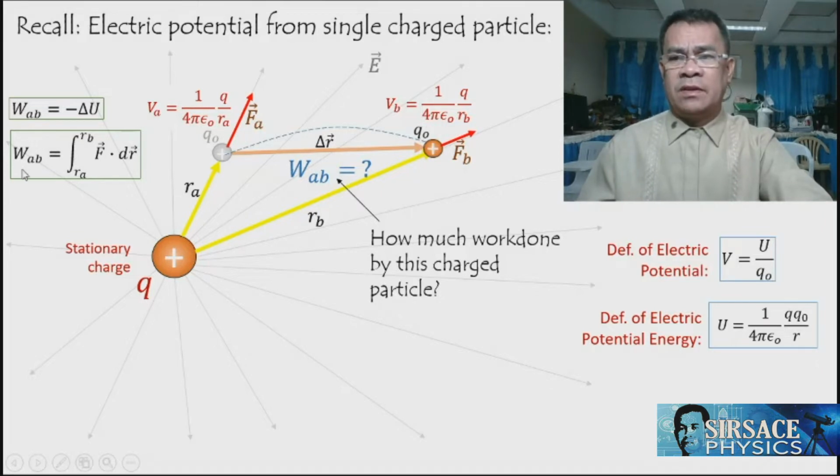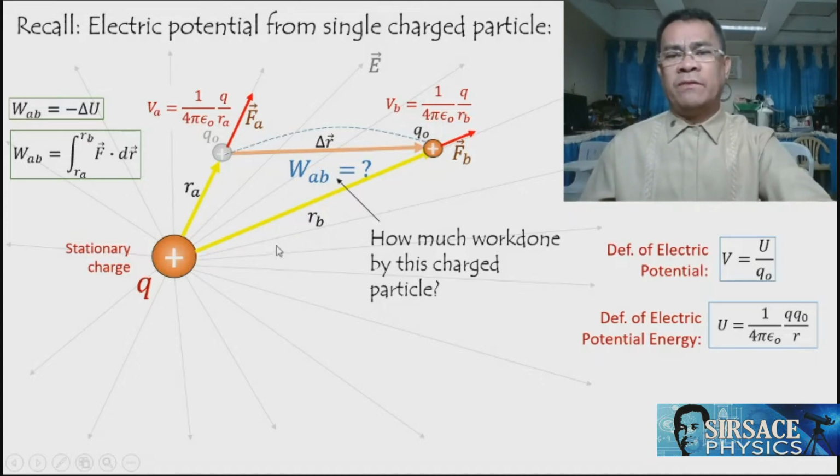So the work done from A to B is the integral of the product of the force and its displacement, taking the limits from initial, this is r_A, to r_B. So these are the two formulas.